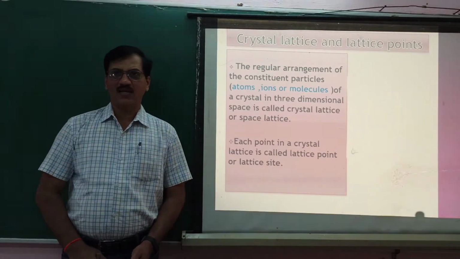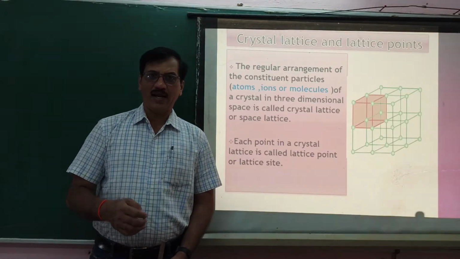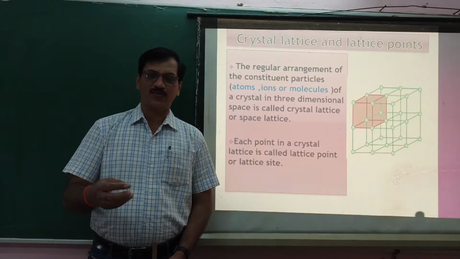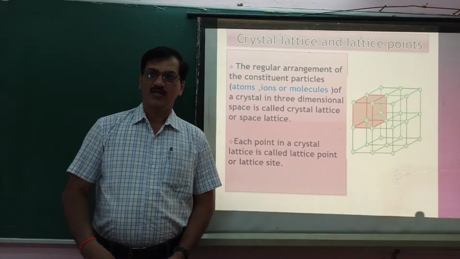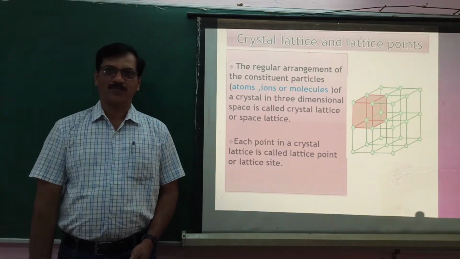This is just like the points that you add to make a rangoli, and you make different forms out of these points. The lattice is three-dimensional, but a rangoli may be two-dimensional.